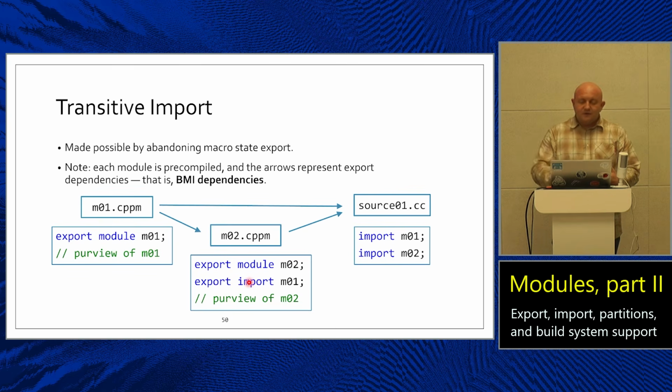It's both an import and an export at the same time. You import a module for yourself and immediately make it part of your own public interface. So if Module 2 writes export import M1, then anyone who imports Module 2 will also get access to everything exported by Module 1. This is called transitive import, and it became possible only because we gave up exporting macro state.